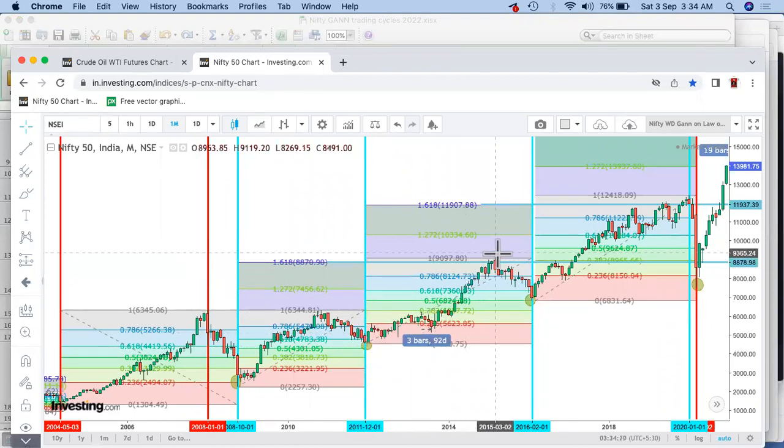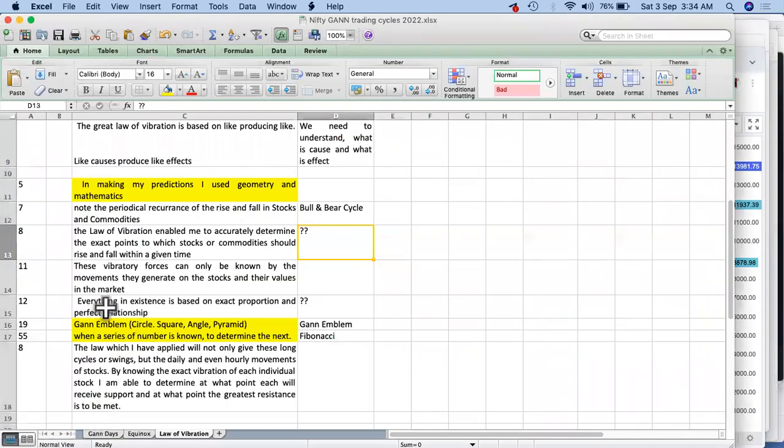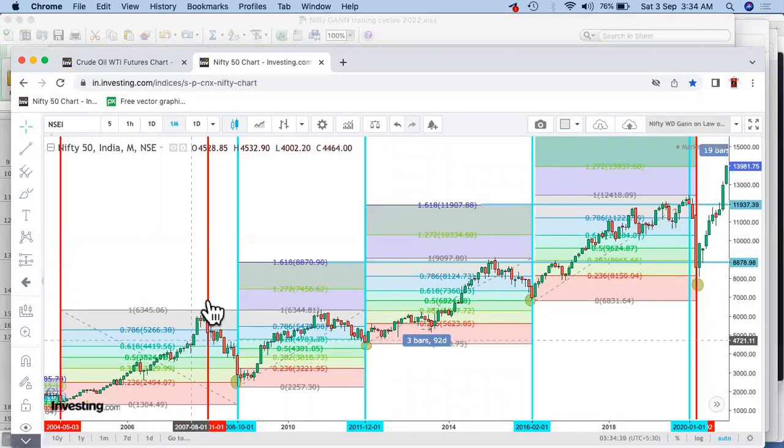Maybe this may be there on the higher time frame, the monthly, which you are talking about, right? It talks about exact proportion. So this is like one proportion, the reversal which is there is 50%, is 0.236 proportion. This is 0.5 proportion. This is 0.236 in terms of the Fibonacci.